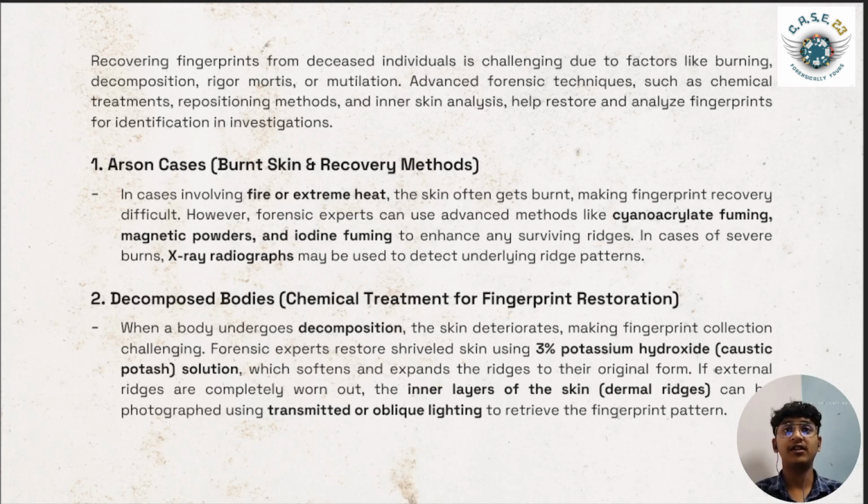This softens and restores the ridges to their original form, making it possible to take a clear print. And in cases where the outer skin is completely gone, the inner skin layers, the dermal ridges, still hold the fingerprint pattern. By using transmitted or oblique lighting, forensic specialists can capture these hidden ridge details for identification.